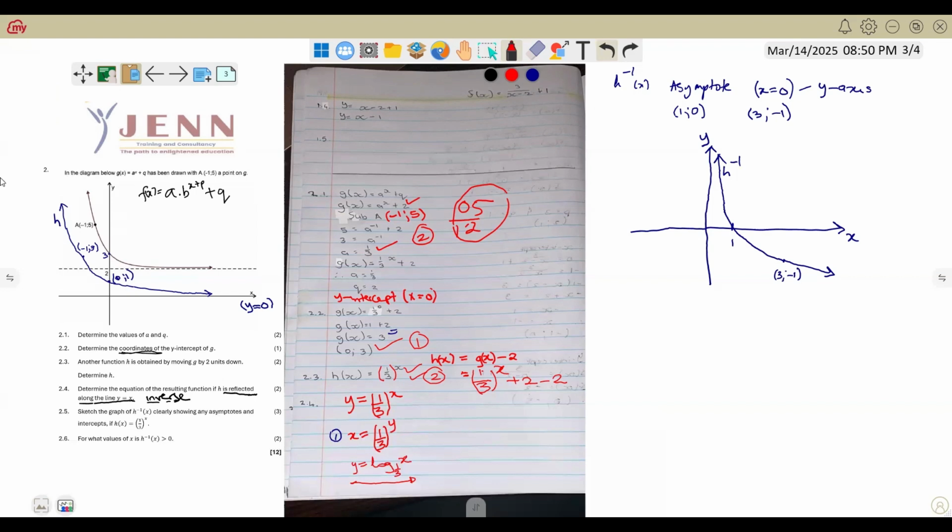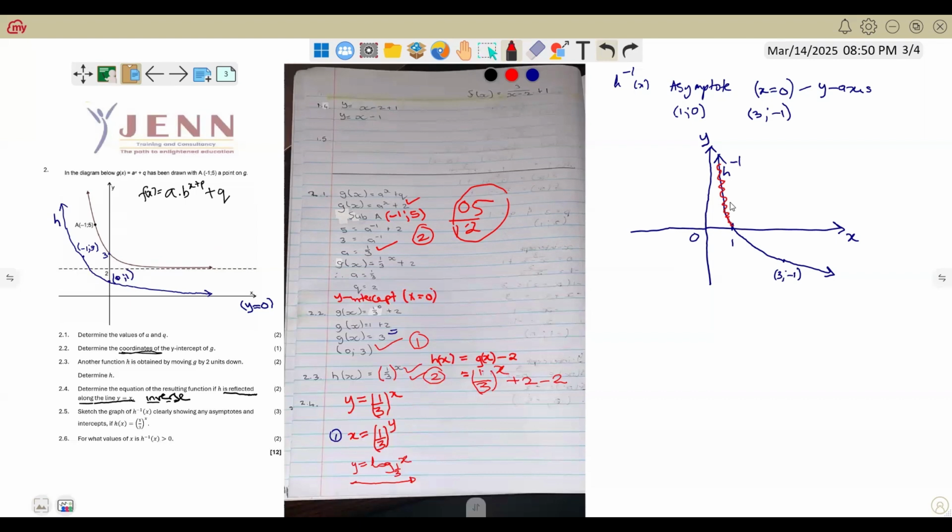Yes, sir. And when we say less than 0, we are just saying where the graph is below the x-axis. Is that clear? So if I'm to mark where our graph is above the x-axis, you would see that all that part until here, our graph is above the x-axis. Are you seeing that?